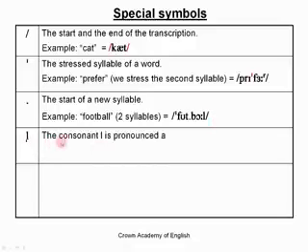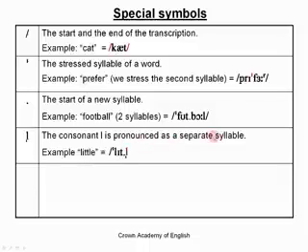This symbol shows that the consonant L is pronounced as a separate syllable. Example, in the word little, the L sound is in fact a new syllable. So we use this symbol.